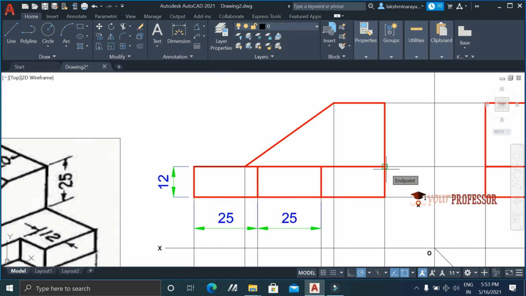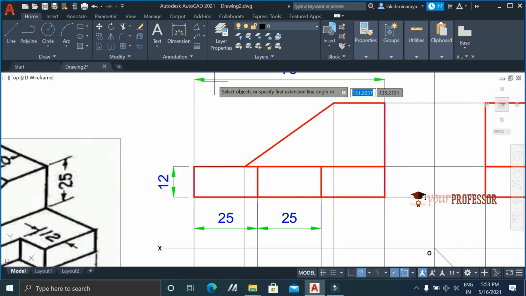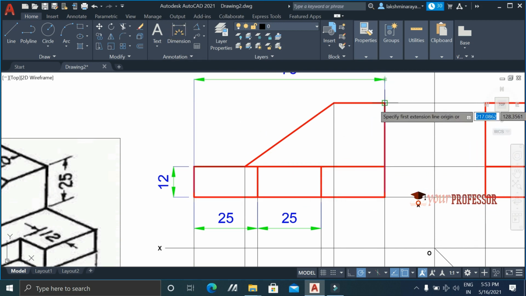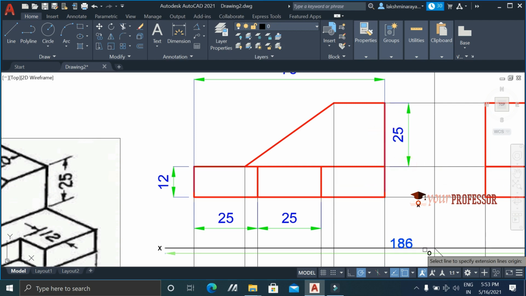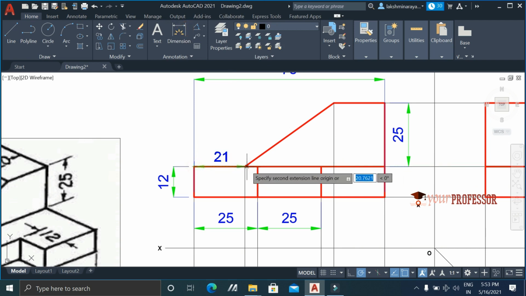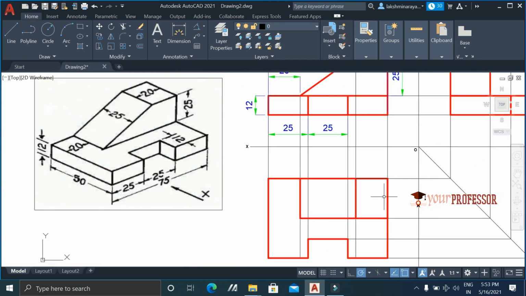This is 25 mm, and the complete length is 75 mm, right? Let's represent it here. And this distance is 25 mm. This distance is 20 mm. So we represented all the dimensions in the front view. Let us go for the top view.